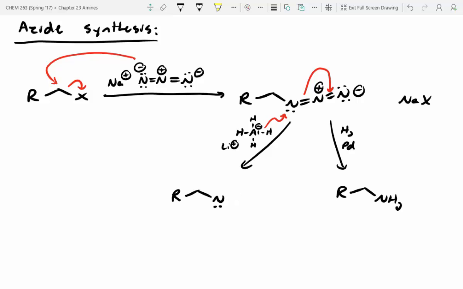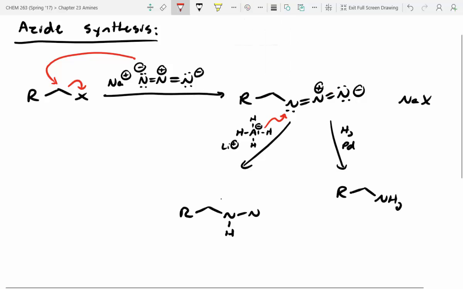Oops, sorry, I'm skipping steps. This arrow is bugging me. There we go. That's alleviating that positive charge. So now we've got this intermediate.